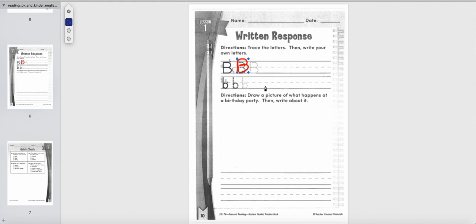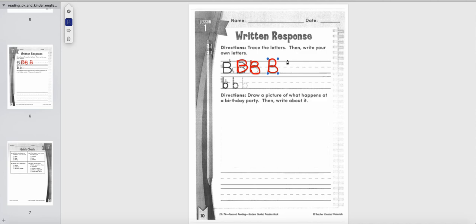round. Okay, let's try it again. You start at the top, you go down, and you go around 2 times. Good job. Let's try it again. Start at the top, go down, and around.